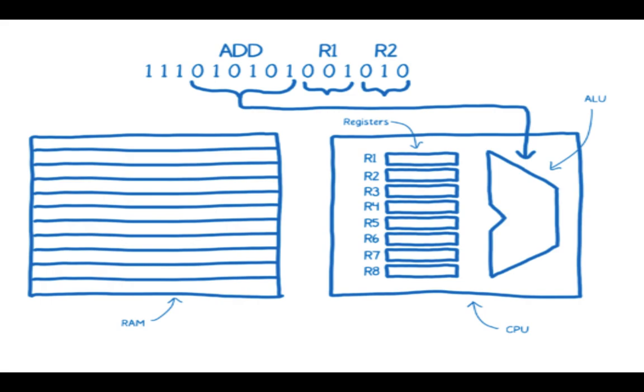Say an x86 machine or an ARM machine will understand the same piece of instruction differently. If I give this binary instruction to x86 and ARM, they will understand it differently. So here we have a problem then.